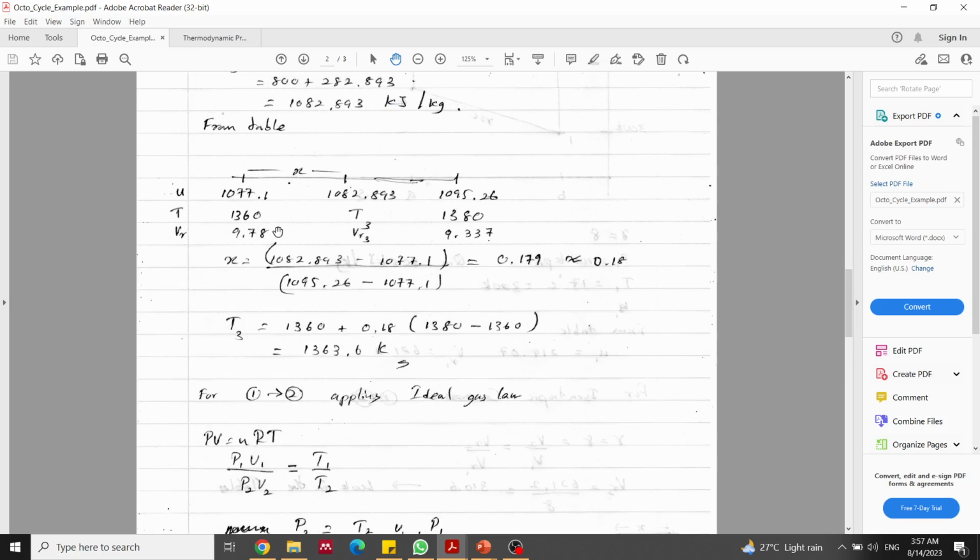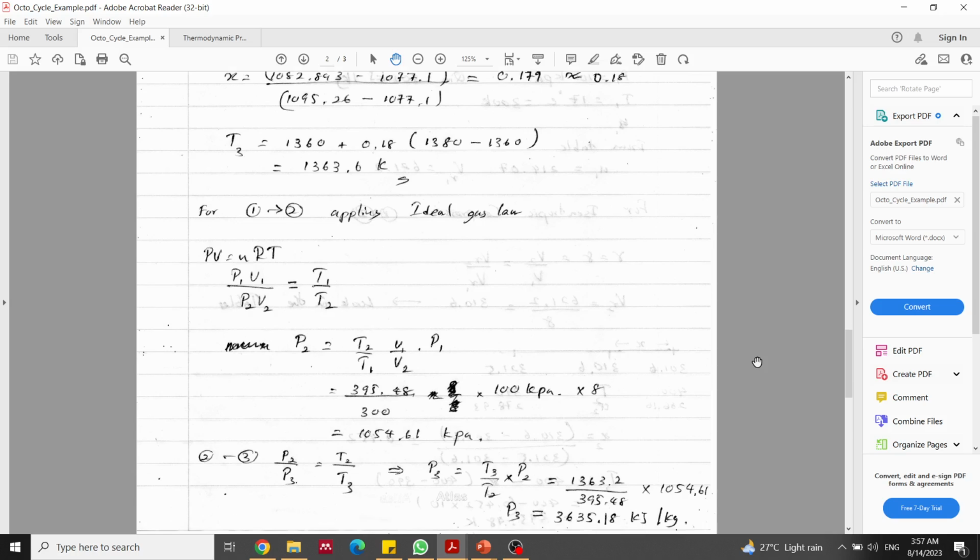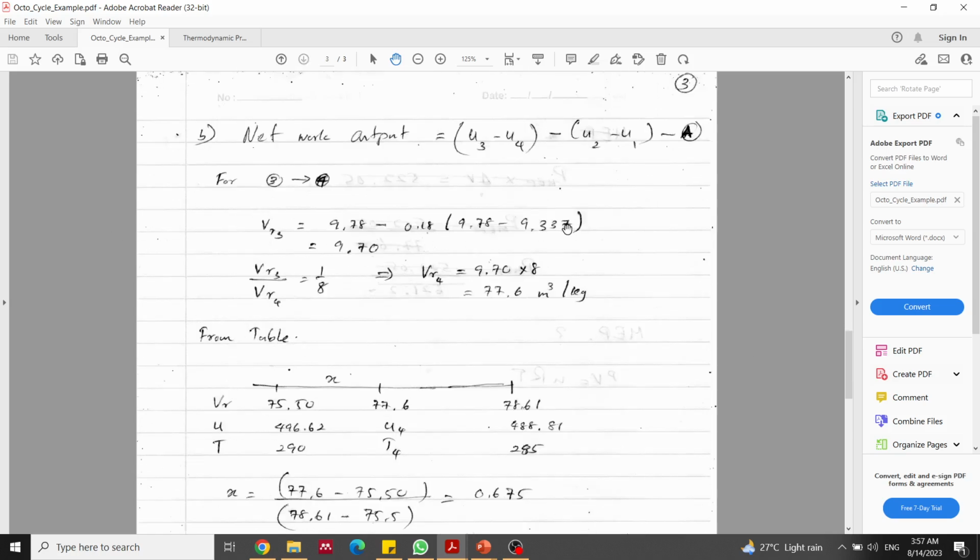From this part we can calculate the VR3. We know the fraction is 0.81, and we know the two limit values, the lower limit and the upper limit. Using that fraction, we can calculate VR3. So that is what is done in here. 0.81 is the fraction, and with the two limits we can find the VR3 value.